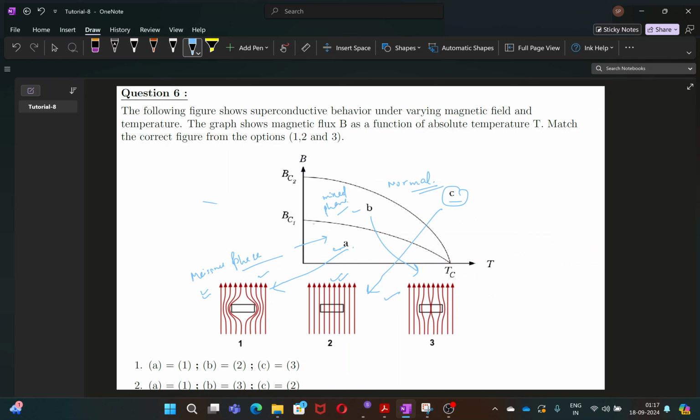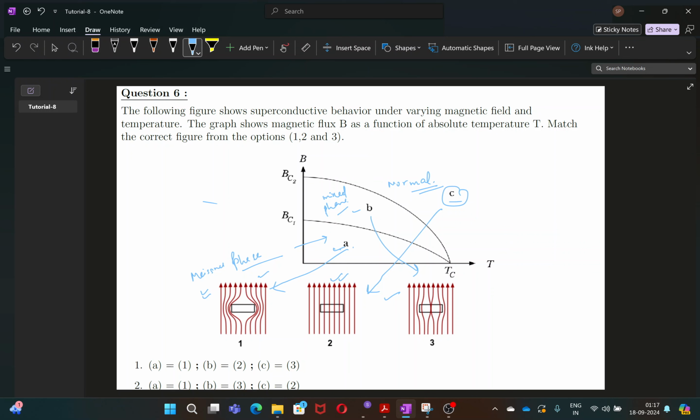But between BC1 and BC2, because it has crossed the first critical field, it has not remained as a pure superconducting state. That's why it is called a mixed state, because inside a superconducting background there are normal localized regimes that are present through which field lines can still penetrate.